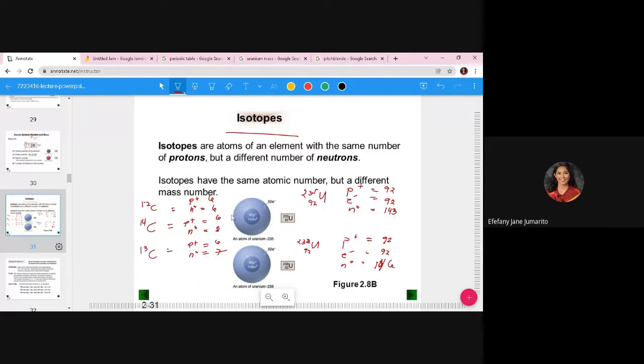There are many isotopes, like aluminum. Whenever the protons are the same but the neutrons differ, they are isotopes.